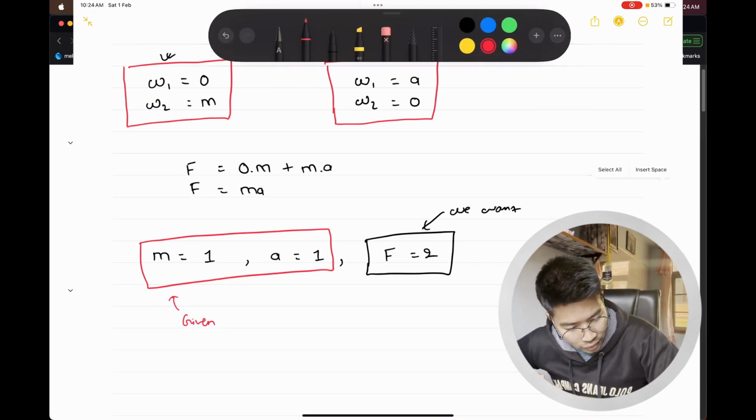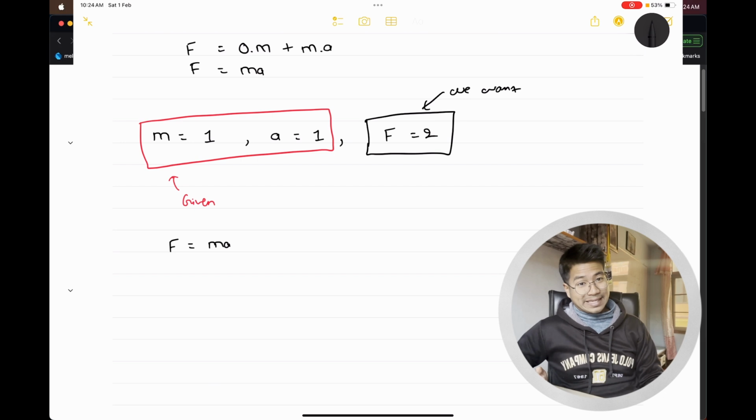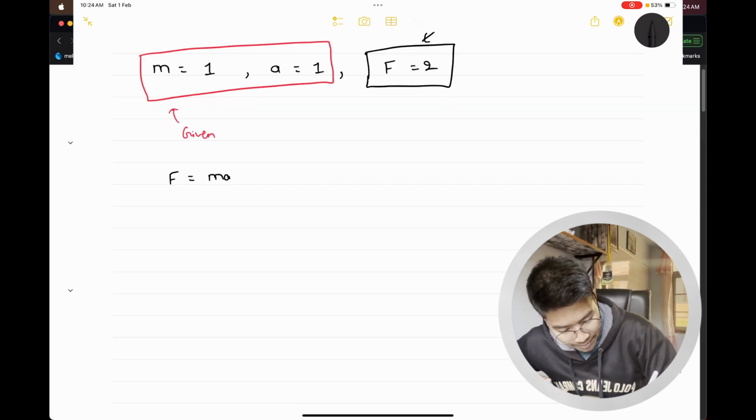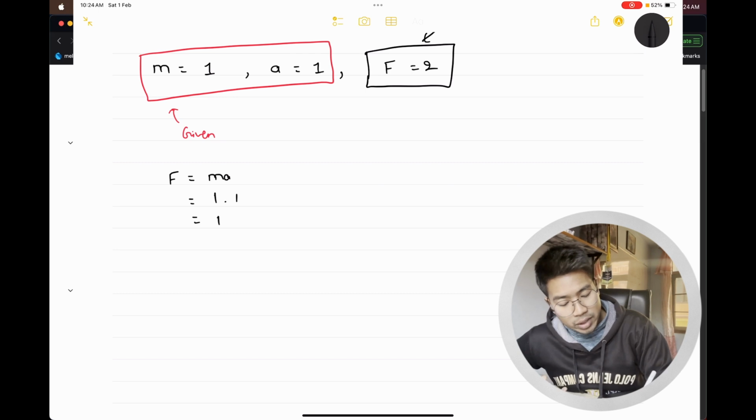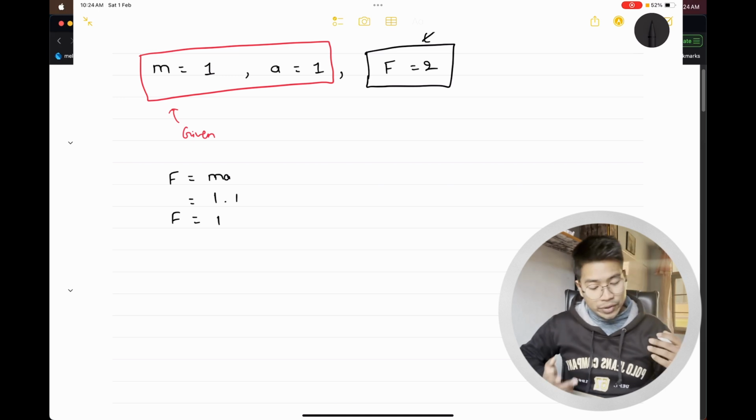If you look at this simple equation of f is equal to ma, then you'll go crazy, because if m is 1 and a is 1, you'll only get 1. You'll only get f is equal to 1. You'll never get f is equal to 2. What should you do?